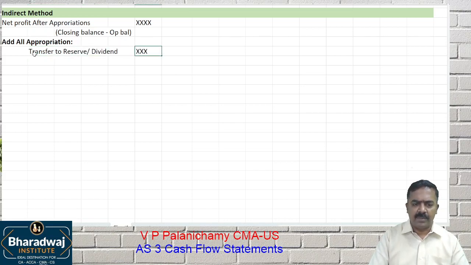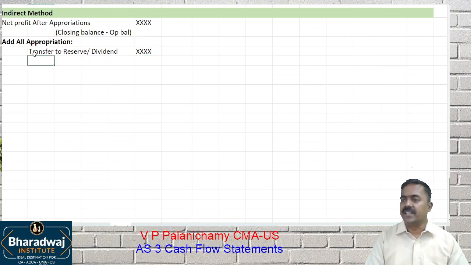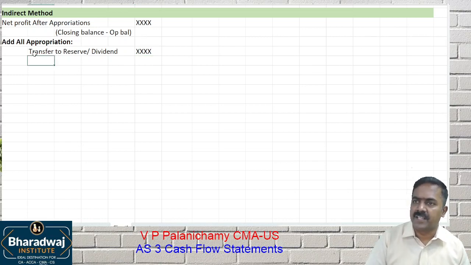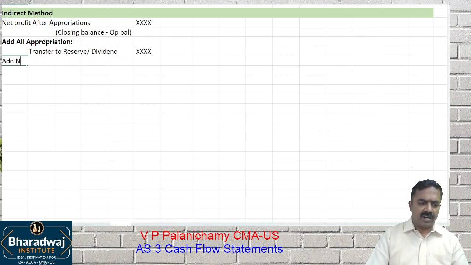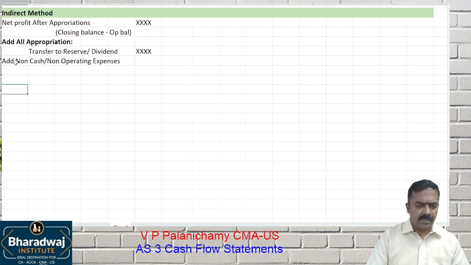Just add back. Why? Because they are not operating expenses. They are non-operating expenses. Add back all non-cash items, non-operating items. Why? Because these are not connected with business or no cash outflow has taken place.